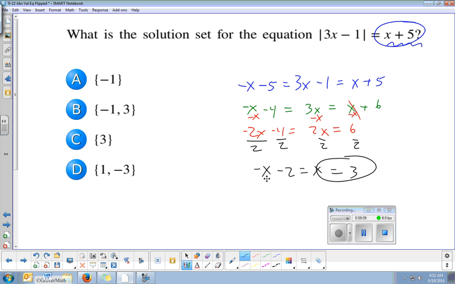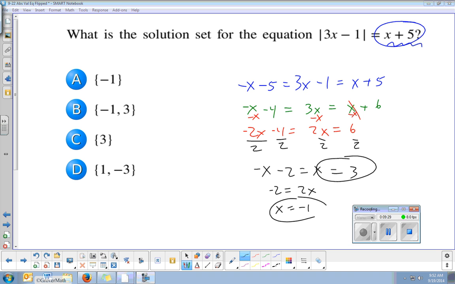On this side, I would need to add x everywhere to get rid of this, and I'd end up with negative 2 equals 2x when I add x over here. And then I can divide by 2, and I'll also get a negative 1. Now, I could have added x everywhere, but once I was done with this side, it didn't really matter. Once I know that answer, I'm good to go.